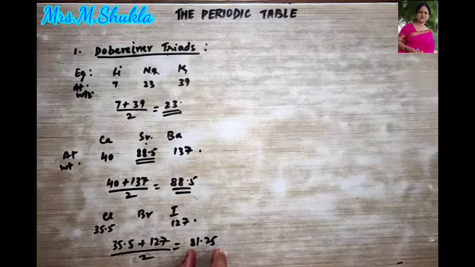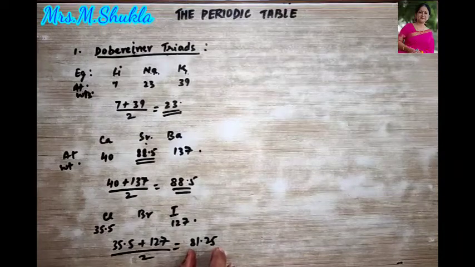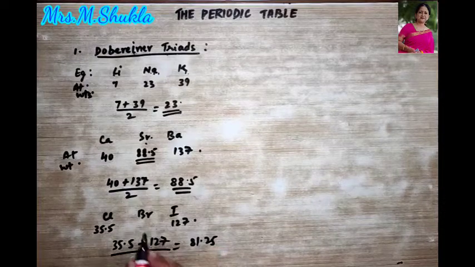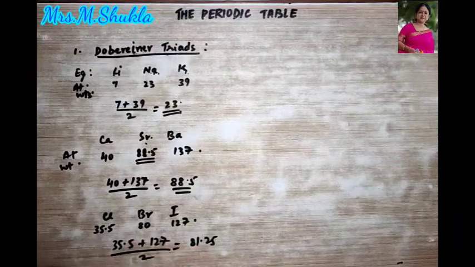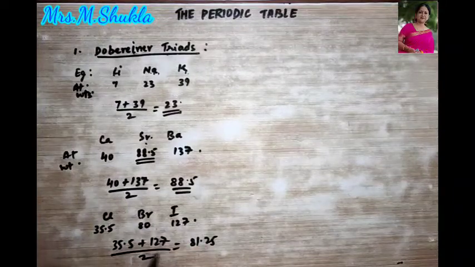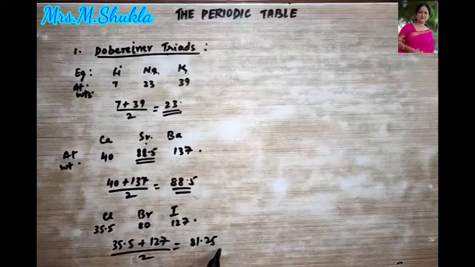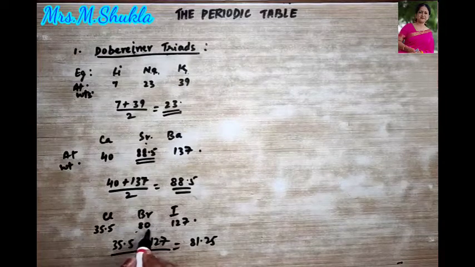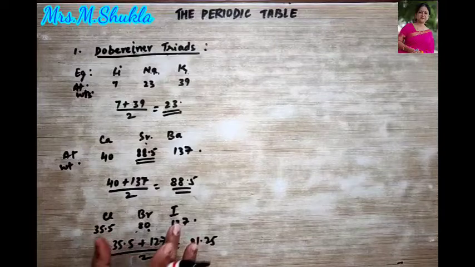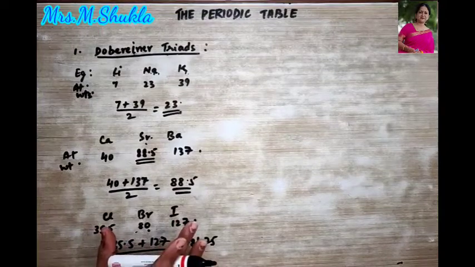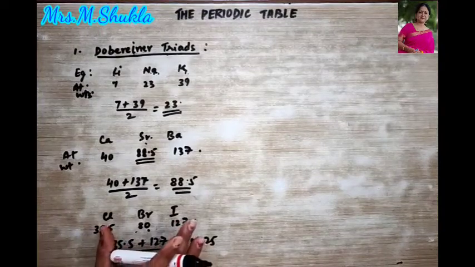And so he searched for an element whose atomic weight is 81.25, but he found that bromine was the only element with atomic weight 80, and hence instead of 81.25, he took bromine as 80 and formed a triad of chlorine, bromine and iodine, which showed similar chemical properties, right?